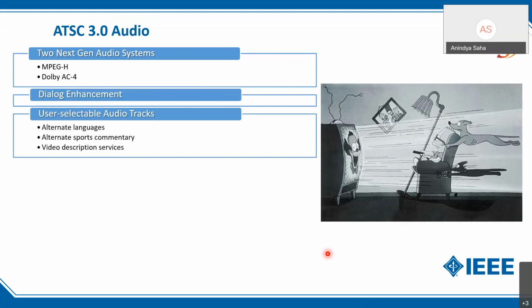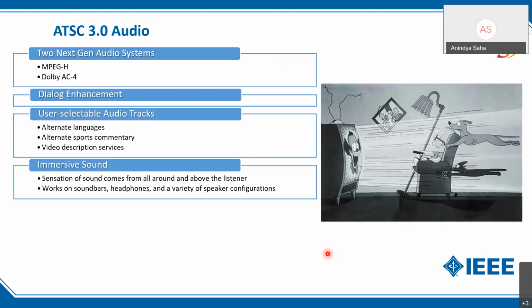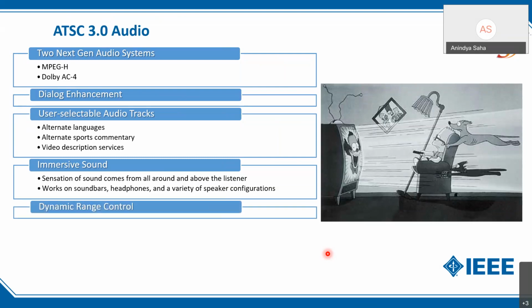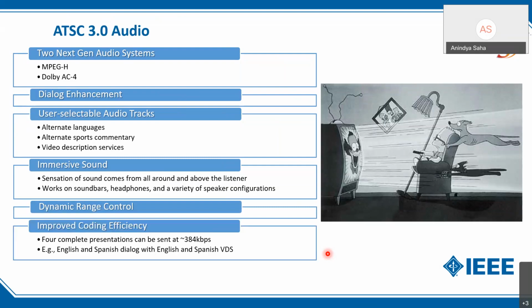Immersive sound. This is one of the very key features which ATSC3 enables. It enables the sensation that sound can come from anywhere, and it gives the listener a great experience even on headphones. So a lot of new algorithms have gone into this, and then a good dynamic range control as well as improved coding efficiency.